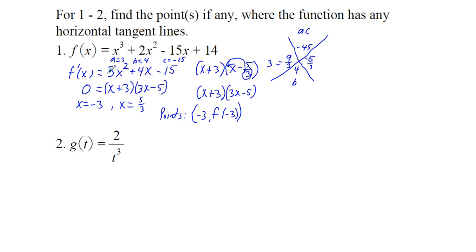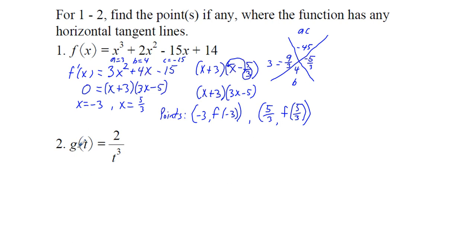If we plug negative 3 in for this we get that point, and we're also going to have 5/3, comma, f of 5/3. And if we plugged in 5/3 to this original function, we would get that point. So those are our 2 points.